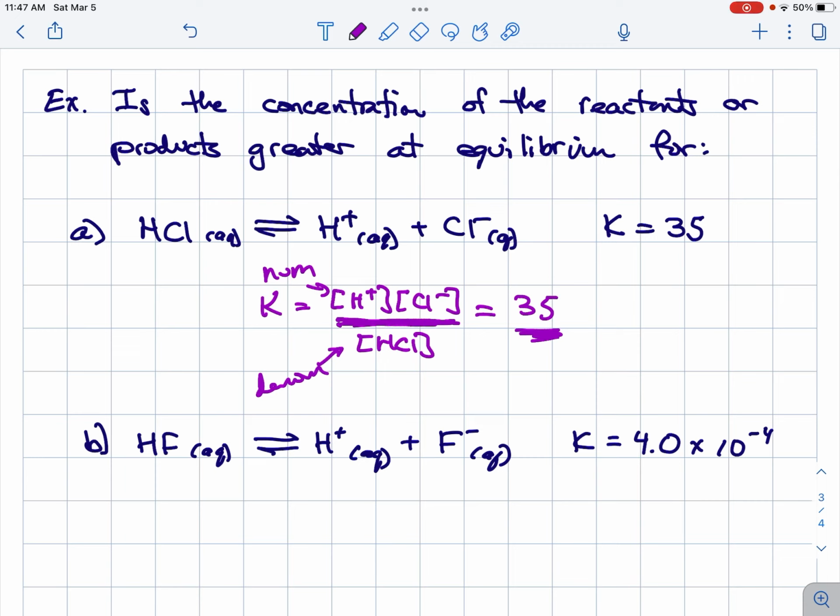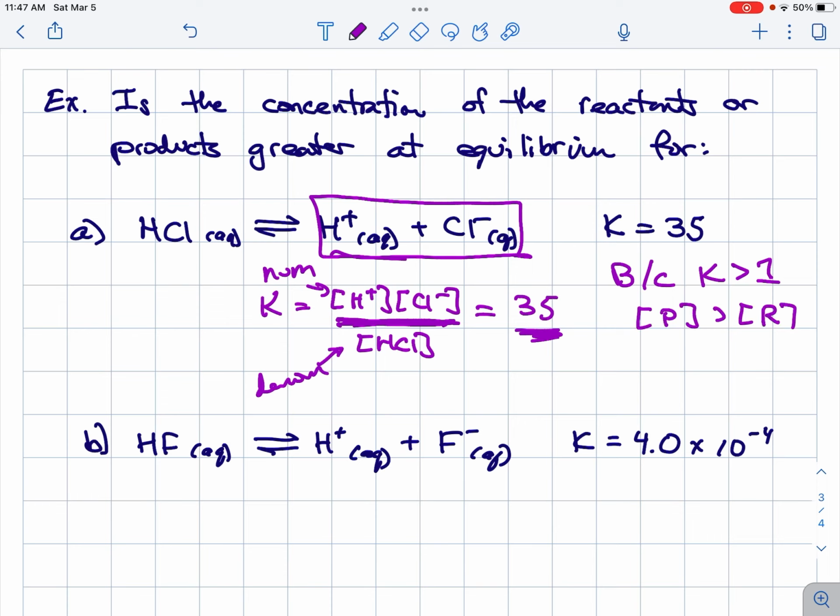If your numerator is bigger than your denominator, that means, because the numerator is the products concentration, there's a greater concentration of products at equilibrium. Okay? So, because K is greater than 1, the concentration of the products is going to be greater than the concentration of the reactants at equilibrium. All right? Now, that may not be true initially, but once the system reaches equilibrium, this will be the case.